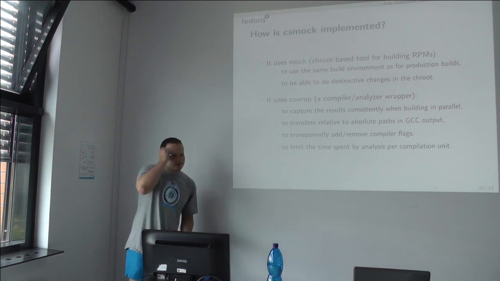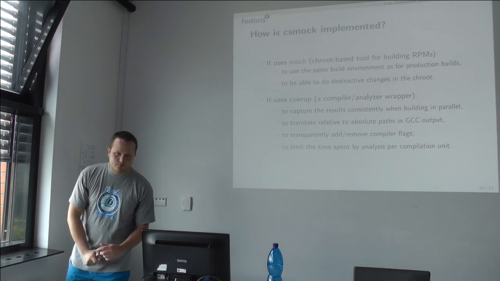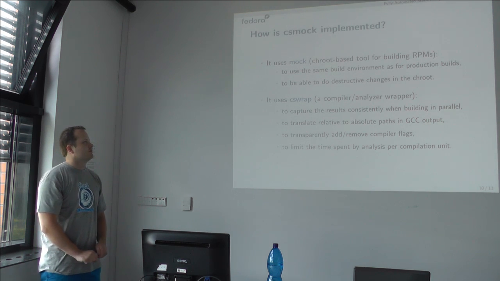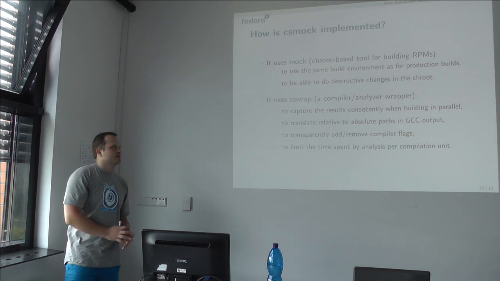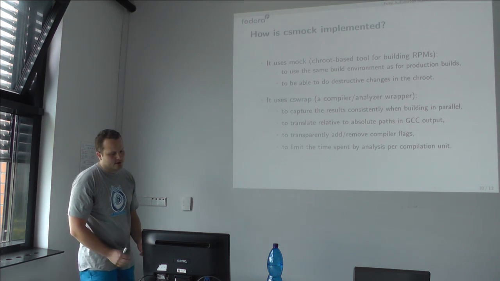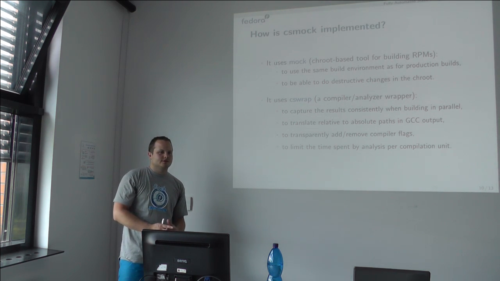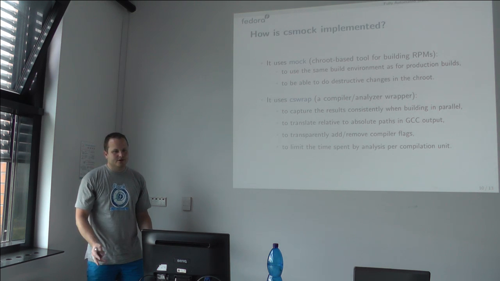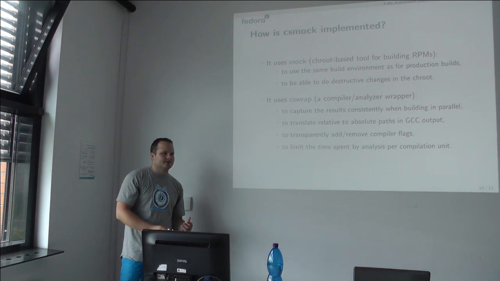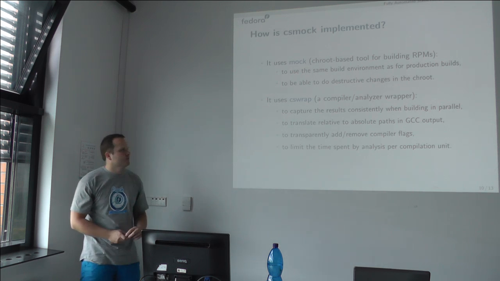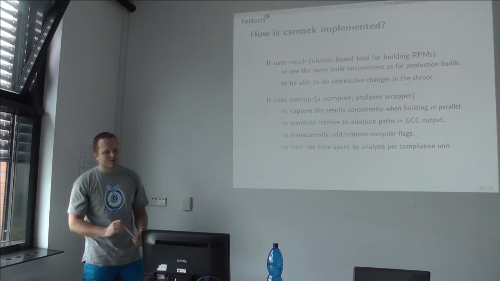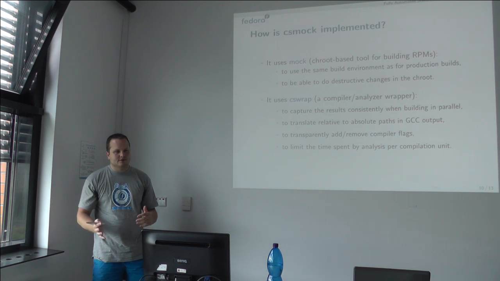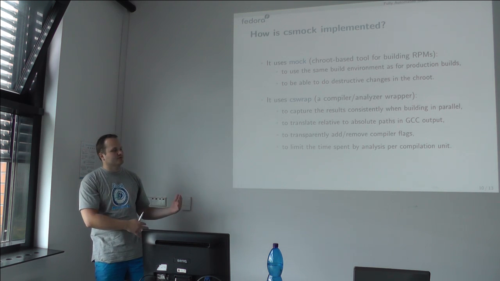Here is something about the implementation of csmock. As I mentioned before, it uses mock, which is a chroot based tool for building RPM packages. We use it for building production packages, so the environment is quite close to what we use in production, and it also makes it easier to do destructive changes in the chroot.